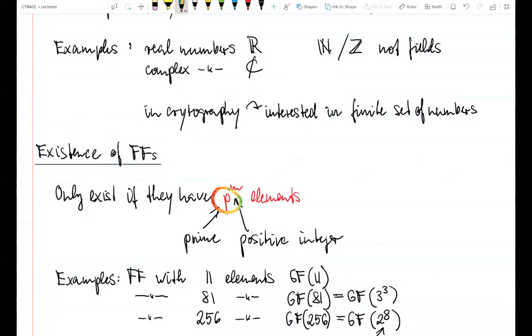We discussed that already. The reason is that the greatest common divisor is 1. That's a really important condition here.